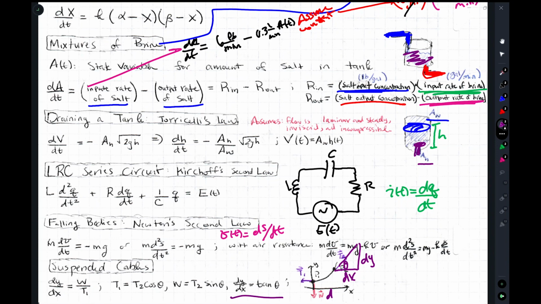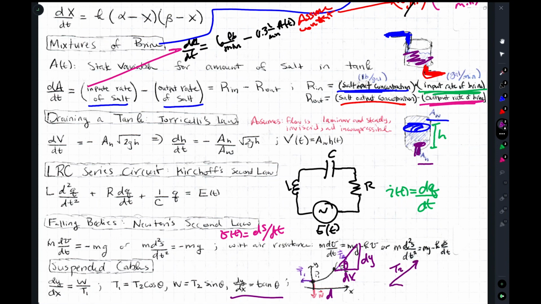That's where we get that tan theta is equal to dy/dx, opposite over adjacent. We also make another assumption, and that's that this cable is suspended and it's not moving. So the net force is 0.